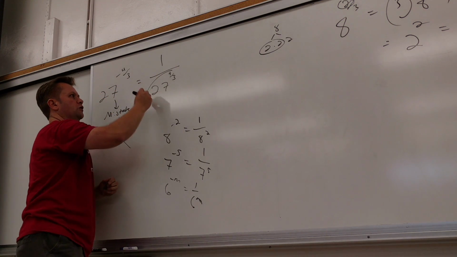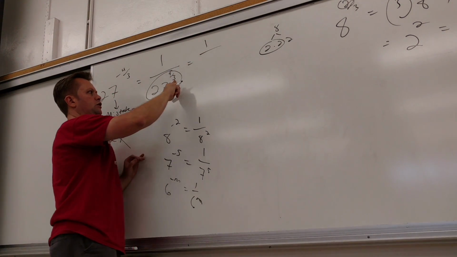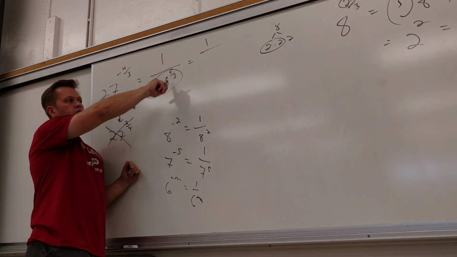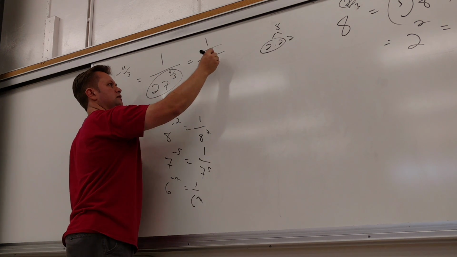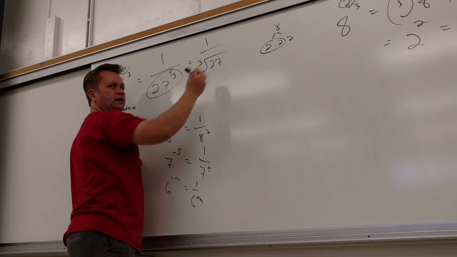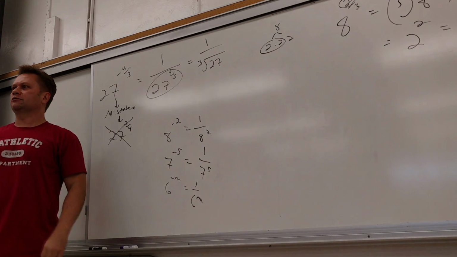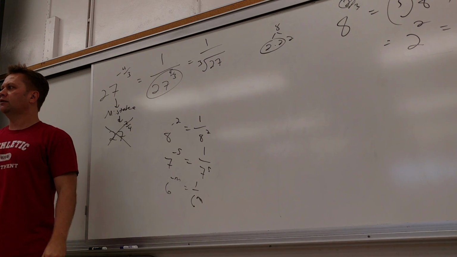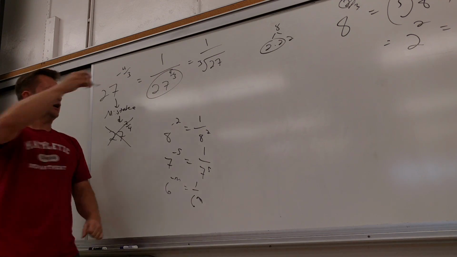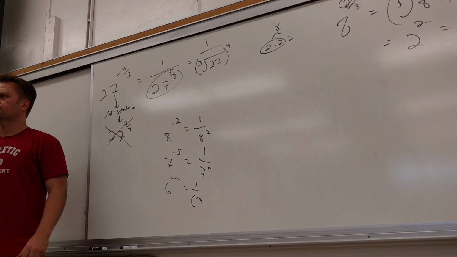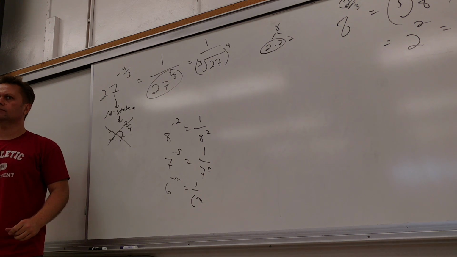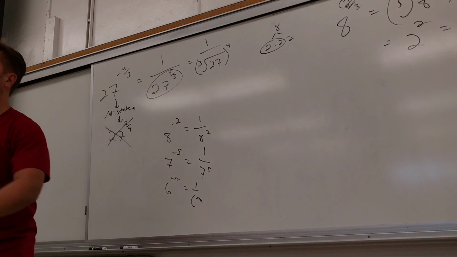And now I can focus on this. How do I rewrite that? What's the root? The cube root of 27. Now you could put the 4 on the inside, and then you have to do 27 times 27 times 27 times 27. Screw that. I'm going to put the 4 on the outside. Does everybody understand why you can do that?